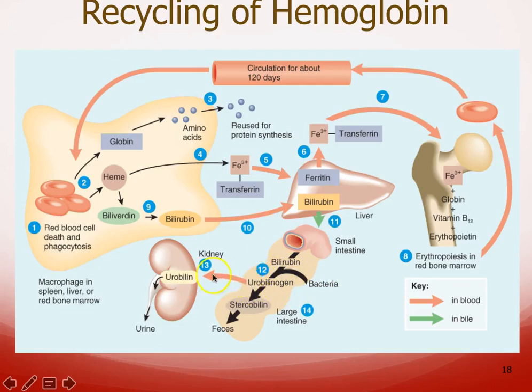Some of that will get reabsorbed into the bloodstream. It gets taken to the kidneys, where it is transformed into urobilin, and it's released in the urine, giving it its characteristic yellow color. The urobilinogen that is not transported to the kidneys is converted into stercobilin, and it's lost in feces, and it's what gives feces that brown color.